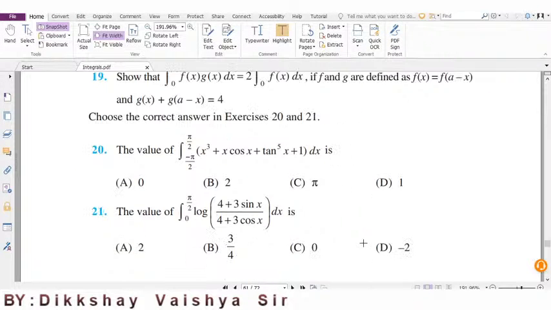Now these are the MCQs. Minus pi by 2 to pi by 2, and this is 0 to pi by 2. Is something left now?